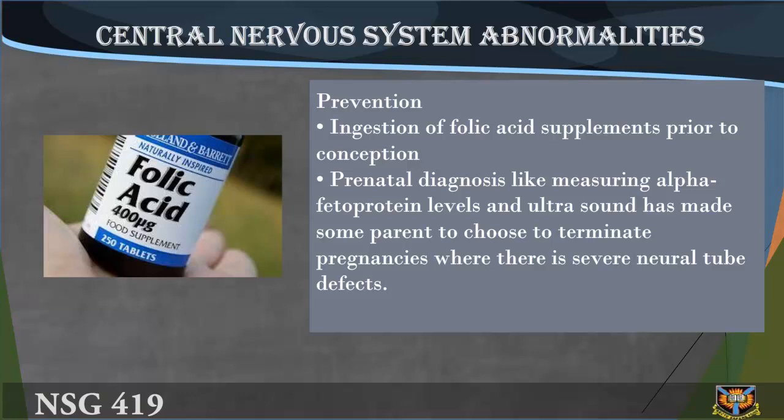Intake of folic acid supplements prior to conception and during early stages of pregnancy can help to prevent such abnormalities. Prenatal diagnosis through screening tests like measuring alpha-fetoprotein levels and ultrasound has led some parents to choose to terminate pregnancy where there is a severe neural tube defect. These measures will help to reduce the number of babies with abnormalities of the CNS.